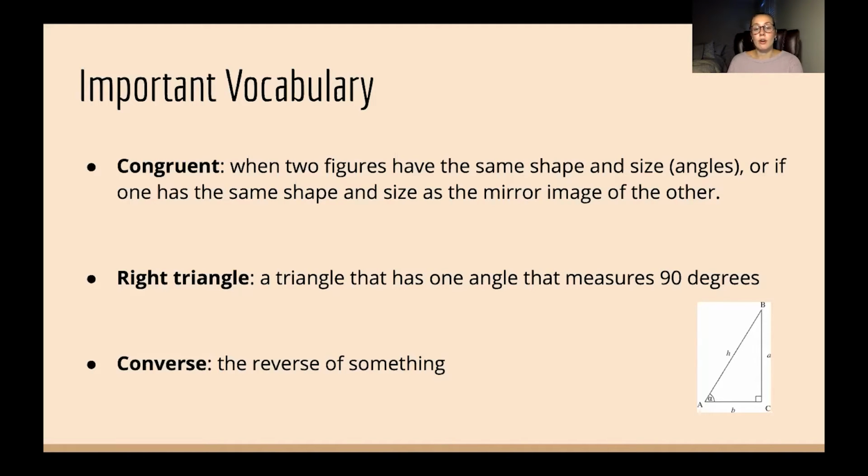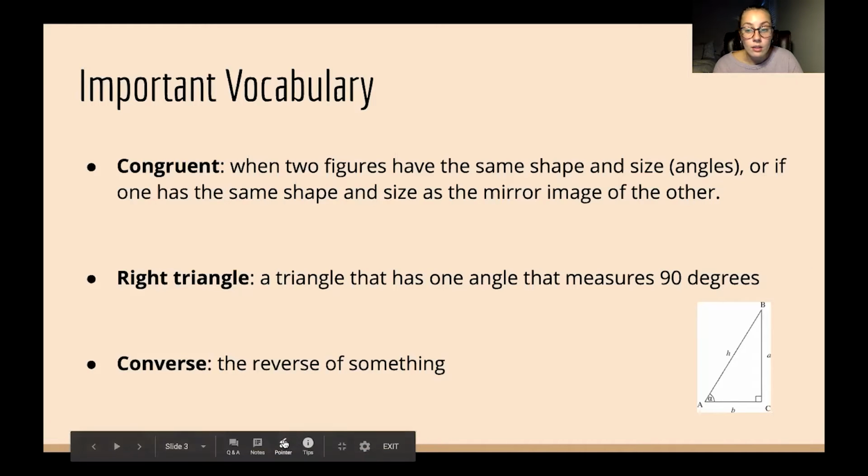And then a right triangle. A right triangle is one that has one angle that measures 90 degrees. So if you look at this little picture I have to the right on the bottom, this triangle ABC, if you look in the C corner, C vertex, that is where the 90-degree angle is going to be.